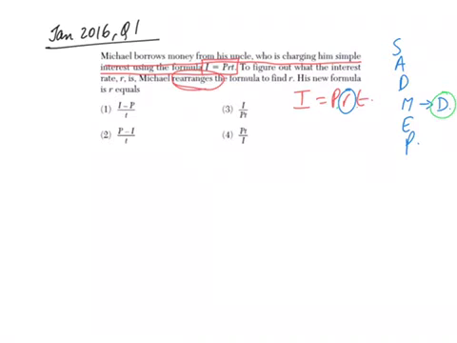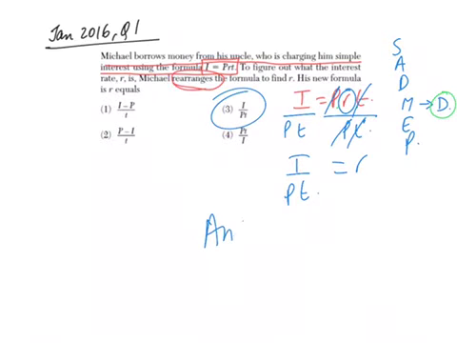We know these are multiplying. So let's divide P and T on both sides. So P will cancel, T will cancel, R is equal to I divided by PT. Answer choice 3.